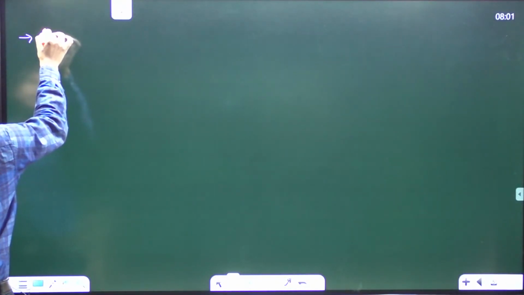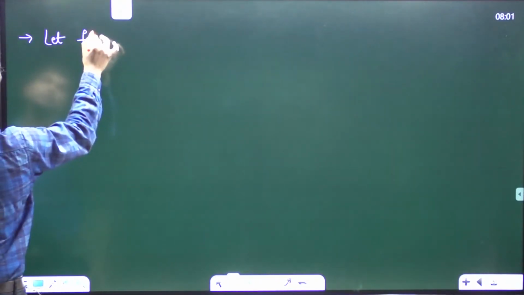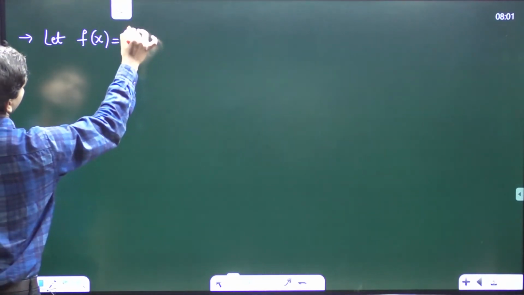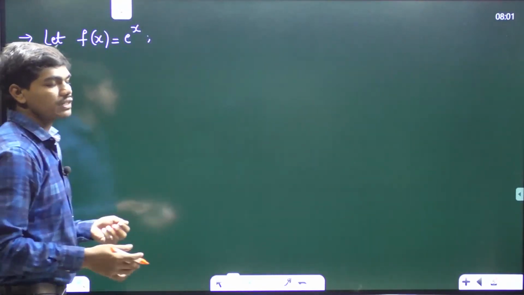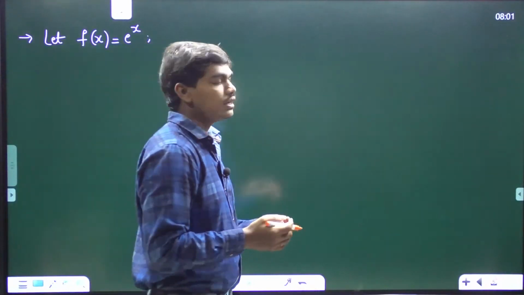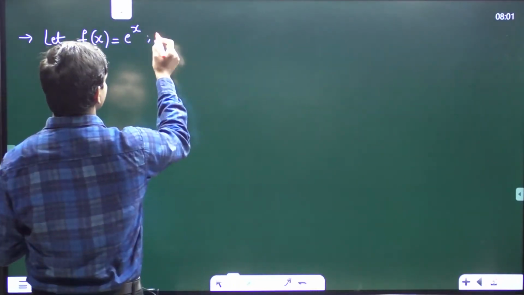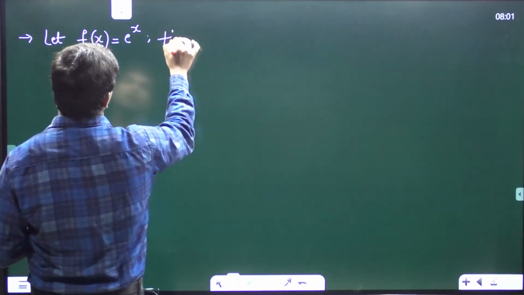Let us consider f of x is equal to e power x. For example, e power x is the function for which you need to know the series in terms of x. So f of x is equal to e power x.